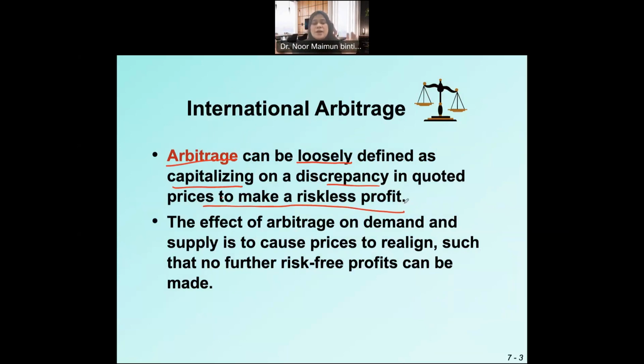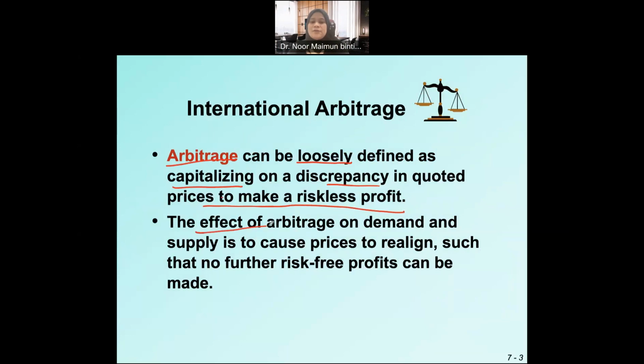For instance, you have bank A and bank B, both using the same quoted exchange rate. You have New Zealand dollars and you want to buy US dollars. You have two choices, bank A or bank B. In that transaction you want to ensure that you will not make a loss. That is arbitrage.